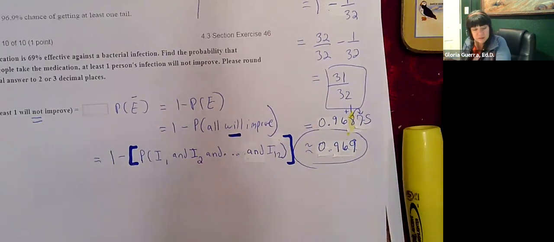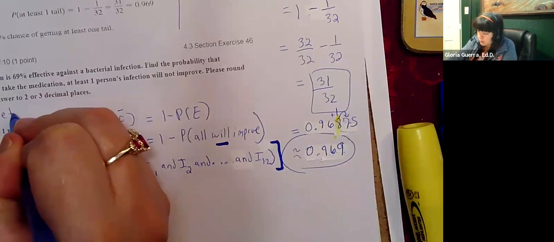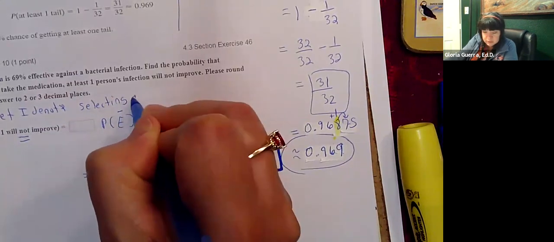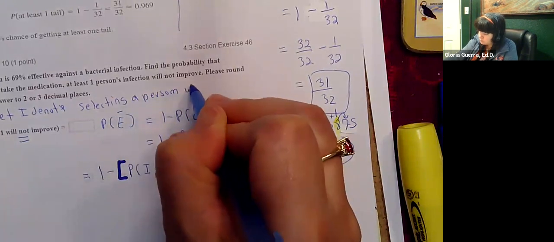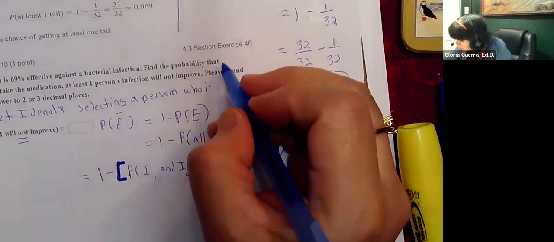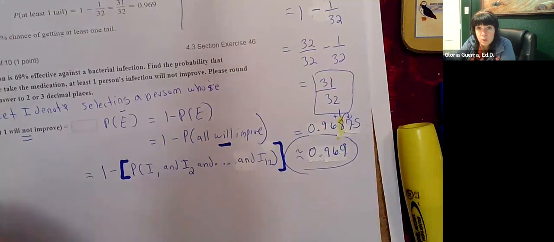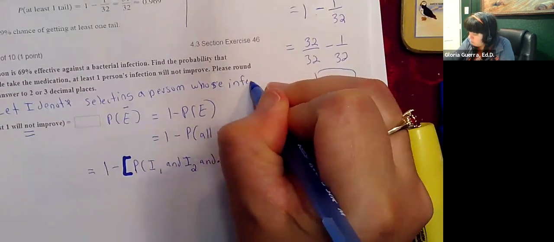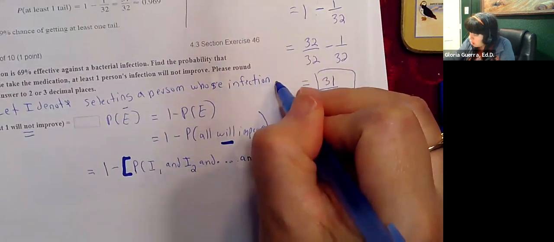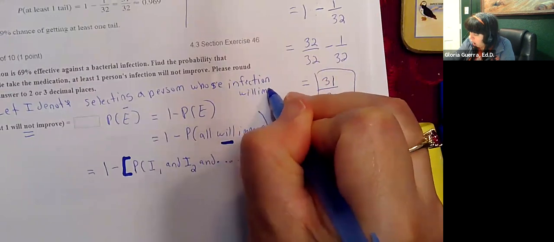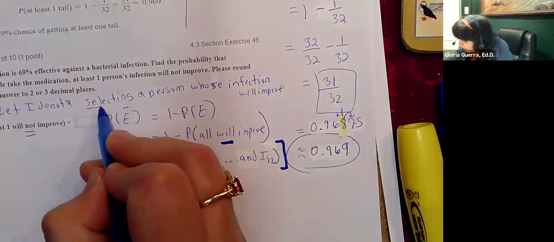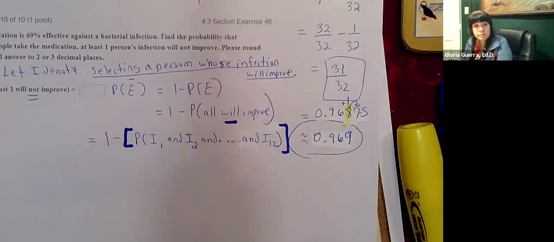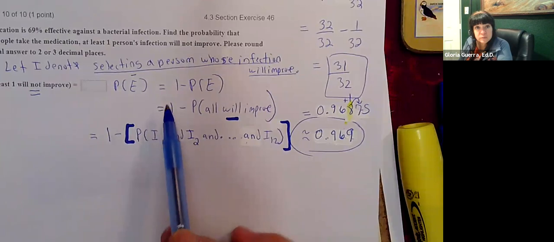Let I denote selecting a person whose infection will improve. So that's what this I is, will improve.